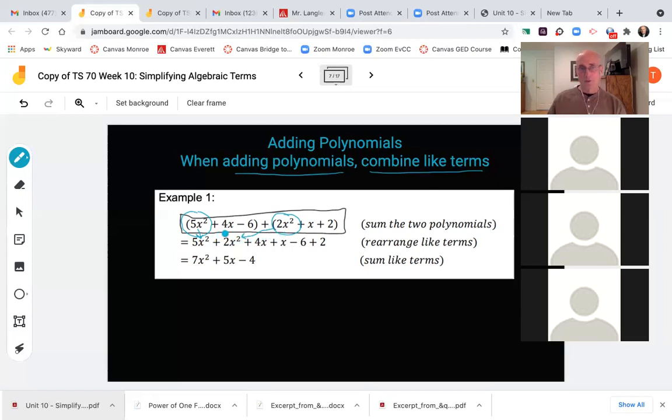Then I've got plus 4x and plus x. Sorry, this is going to look a little bit convoluted, but I've got 4x here, okay? This term here, they just stuck it right here, okay? And then plus x. This term here, they just put right there. We're combining like terms from the two polynomials.